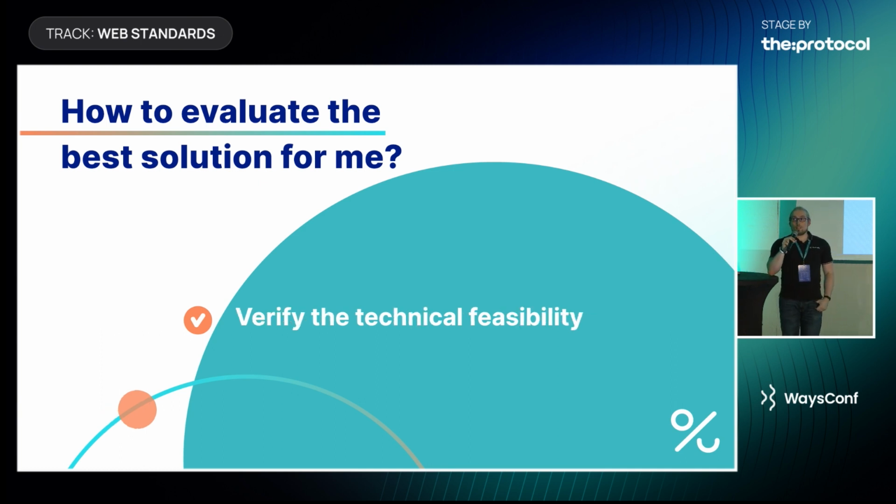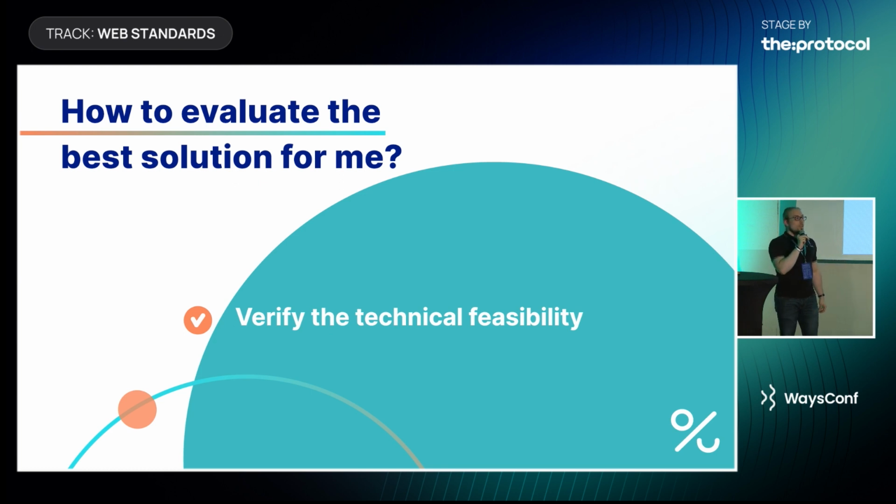You have to verify the technical feasibility. Does your application allow you to introduce an API-based solution? You will have to ask your developers how it is possible, what kind of performance you need, and how many API requests might be needed to fill in that functionality gap.